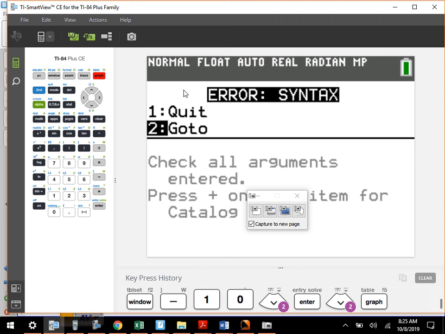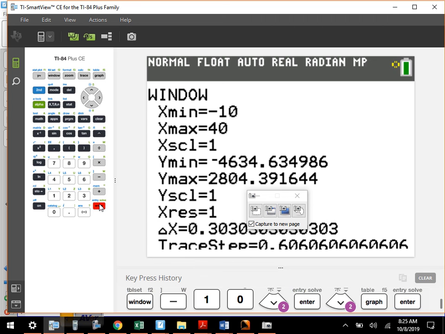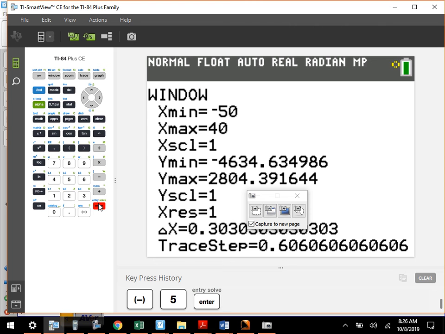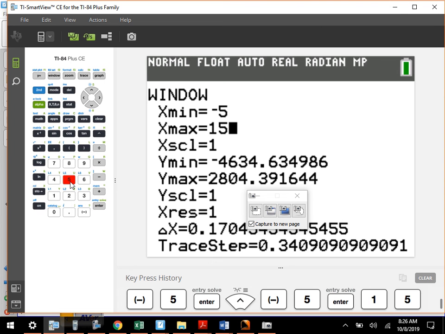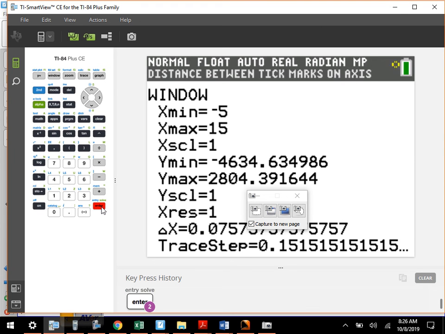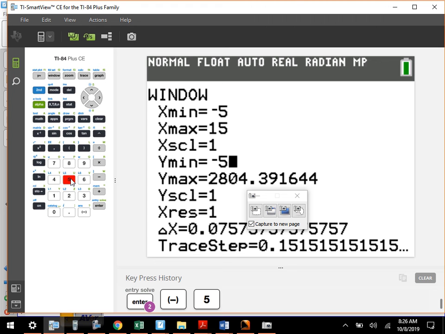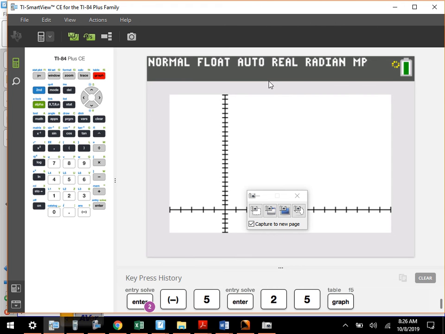It's like not letting me change this. Oh, here, I just changed it. Okay, go ahead. Thank you.